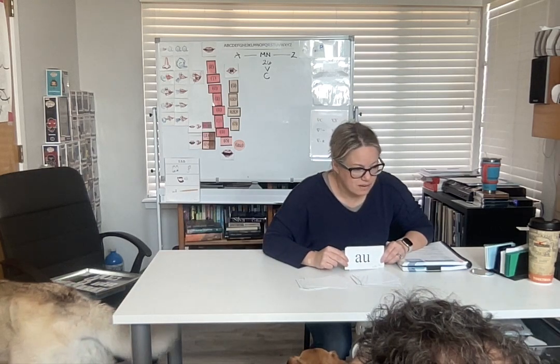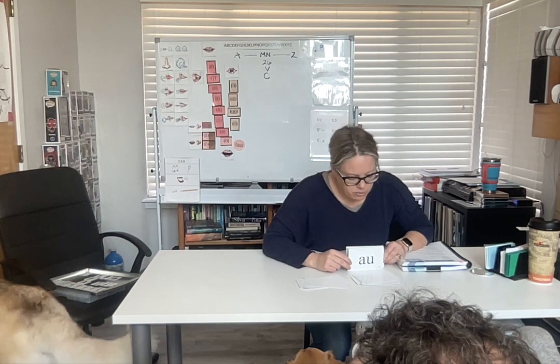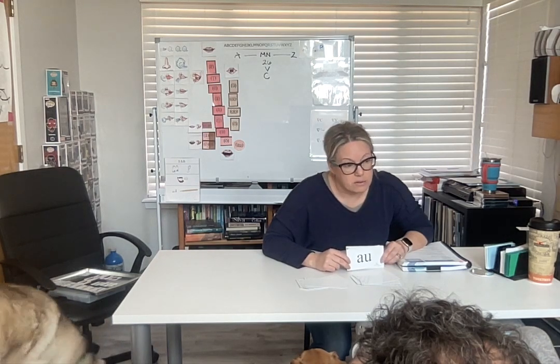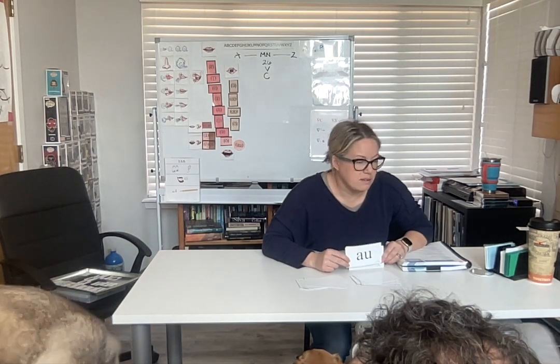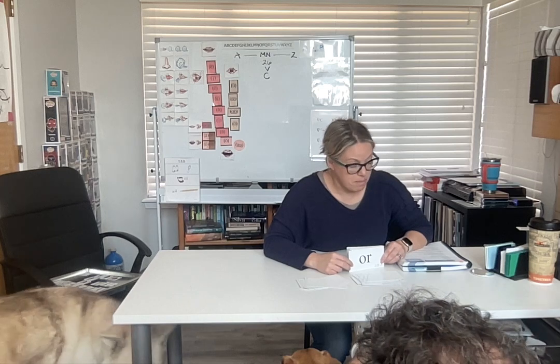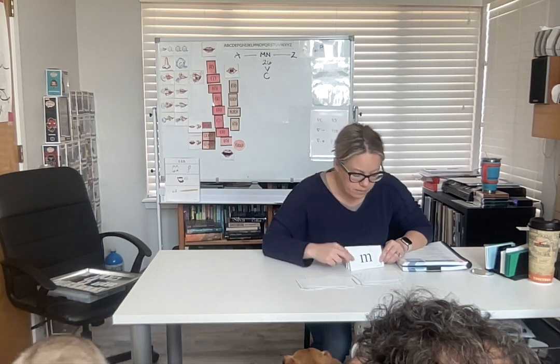Vowel team A, U. Sometimes we call them vowel teams, but we can also call them two adjacent vowels may form a vowel digraph. Combination AU. Combination AW. This is a vowel digraph. This is a combination OR.